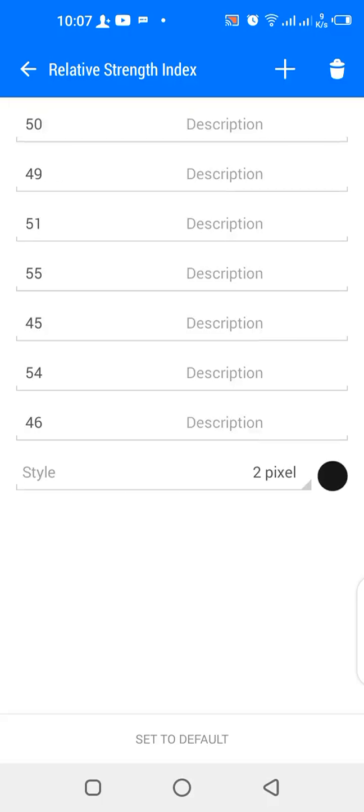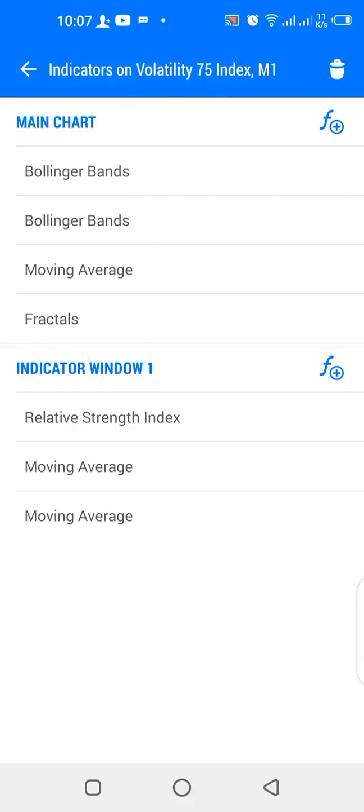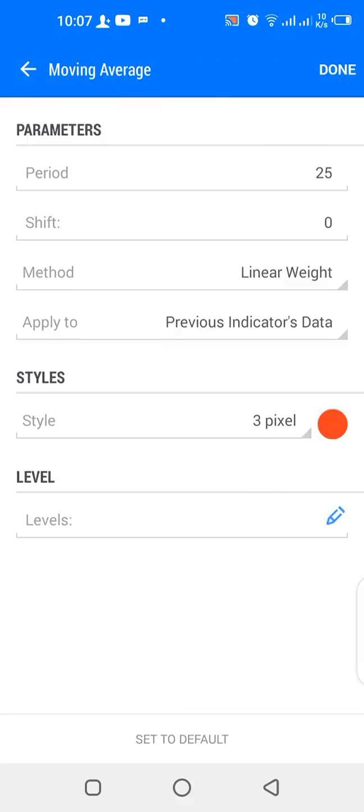We have 50, 49, 51, 55, 45, 54, 46. Now all these levels, the color will be black. Then let's go to moving average.